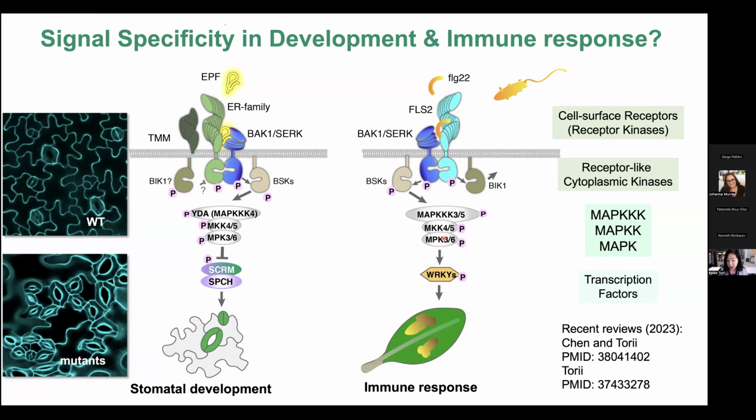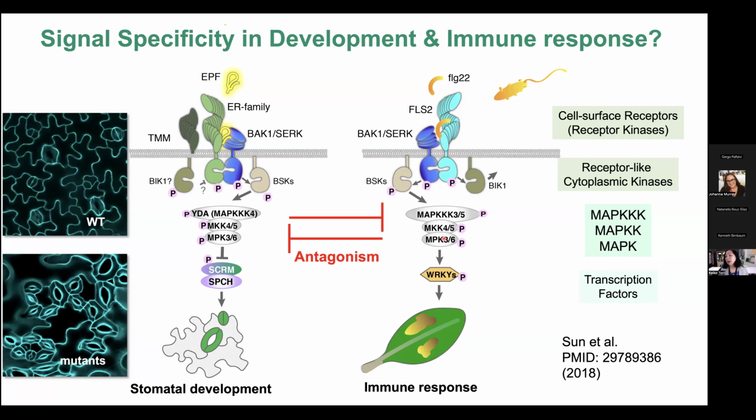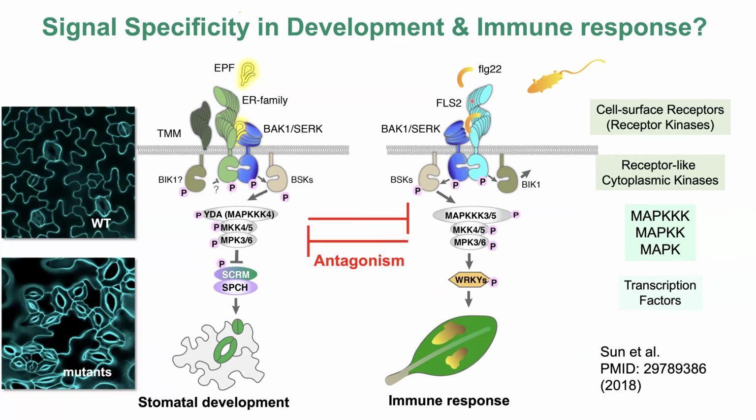A couple of years ago, a paper was published reporting that antagonistic inhibition between the stomatal signaling pathway and the immunity pathway maintains the signal specificity. This occurs at the level of the upstream MAPKKK, either YODA, also MAPKKK4, for the stomatal development pathway, or MAPKKK3 and 5 for the immunity pathway.